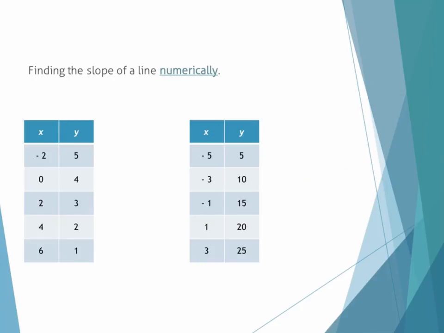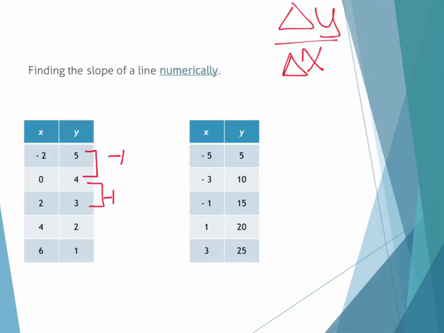Okay, we're going to find the slope of the line numerically. So again, I'm going to look at my change in output divided by my change in input. Let's look at the change in output as I go along. I'm subtracting 1 each time. Let's look at the change in input.